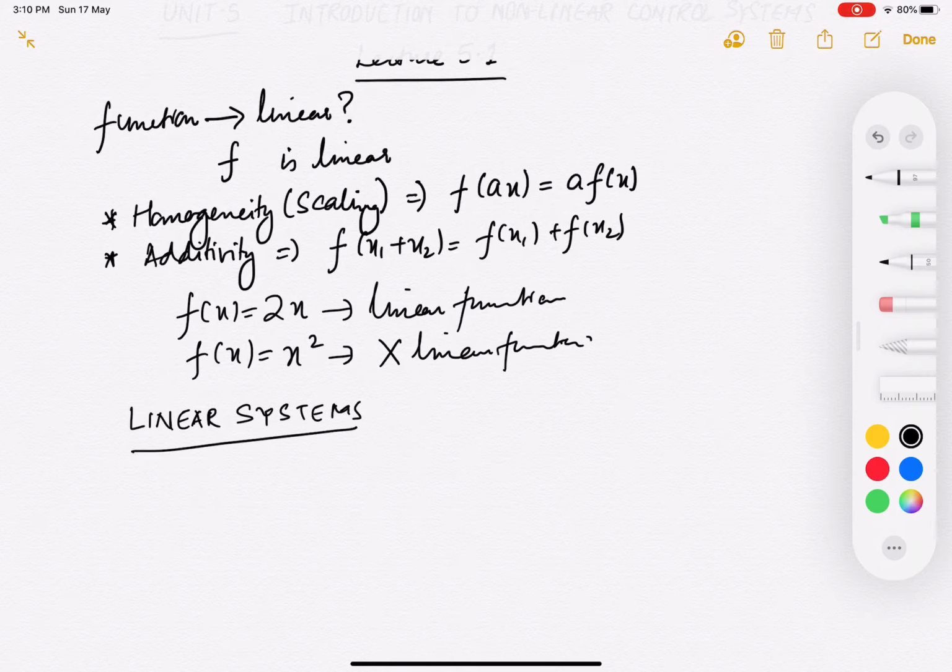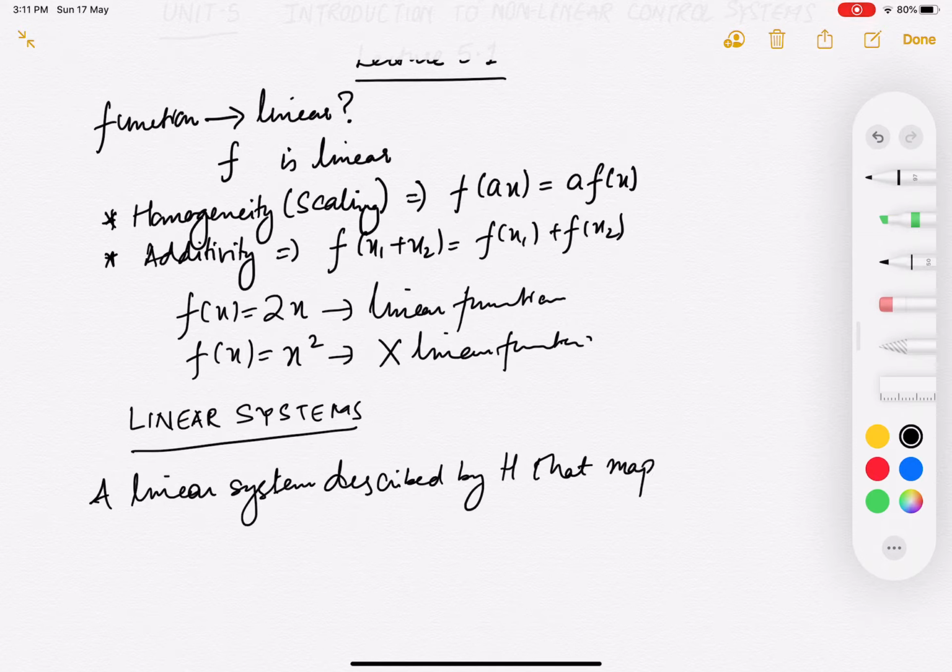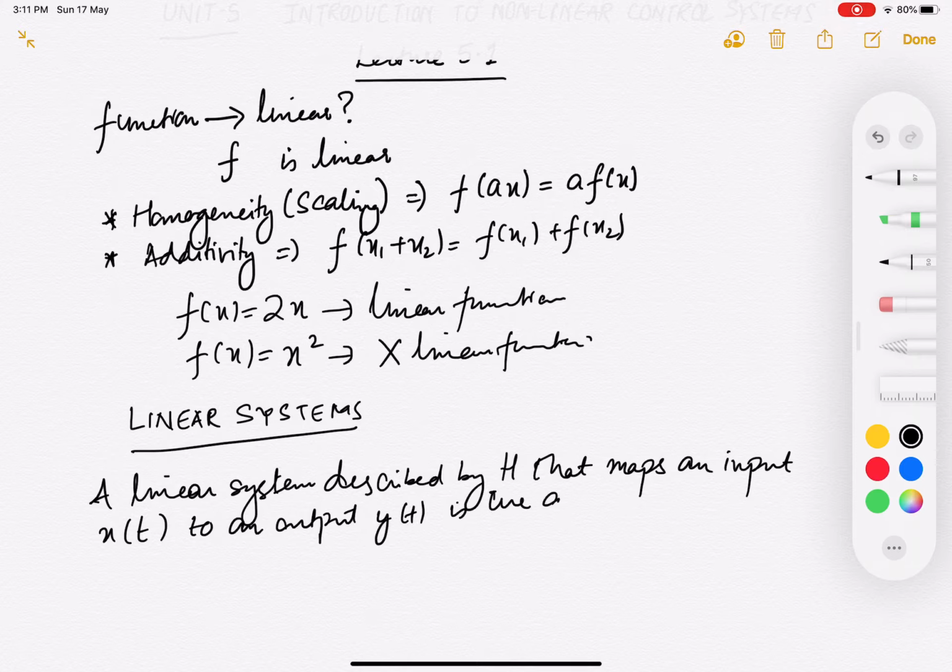A linear system described by H, that maps an input x(t) to an output y(t), is one that satisfies the property of superposition.